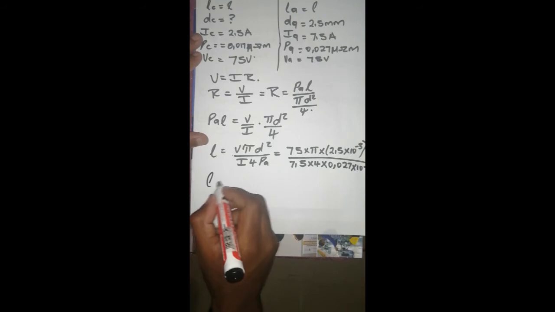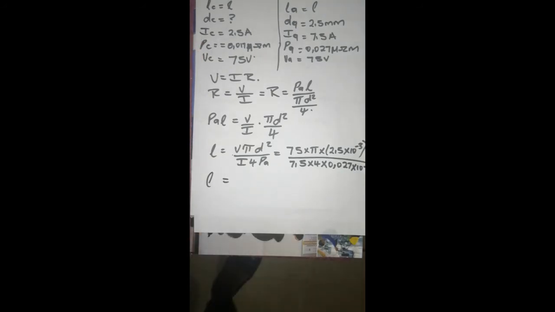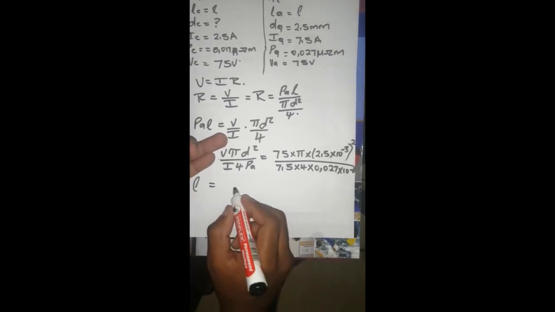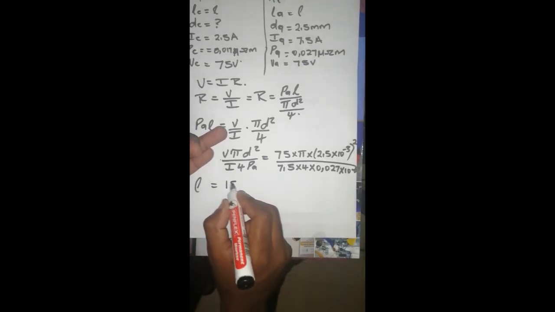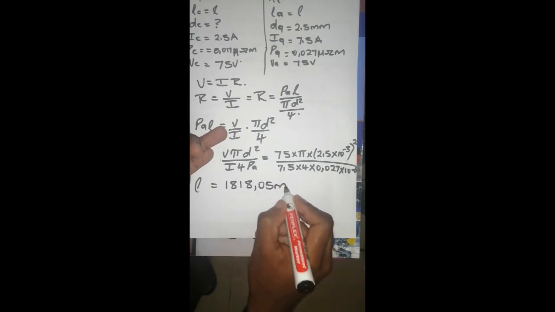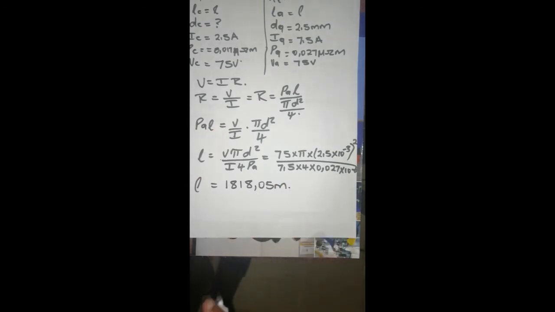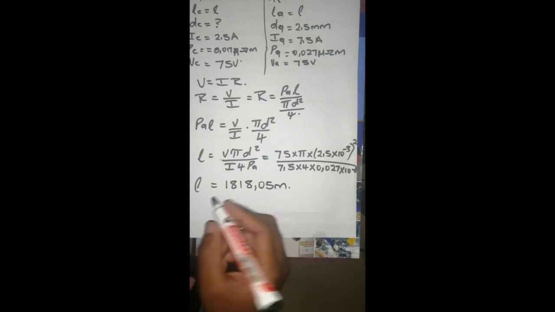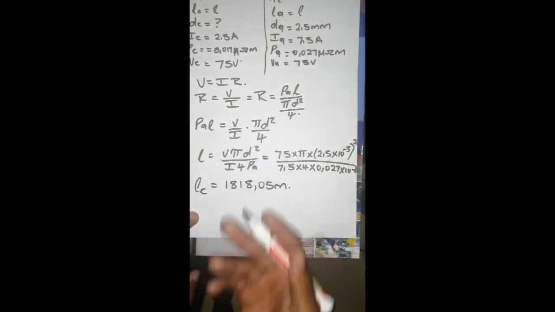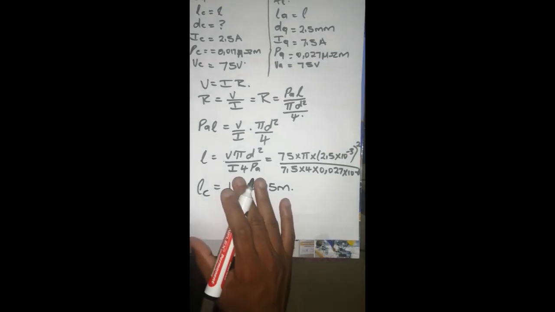After punching the calculator, we get L to be 18.05 meters, and that's the length for copper. It's also the length for aluminium, which is equal to the length of copper.